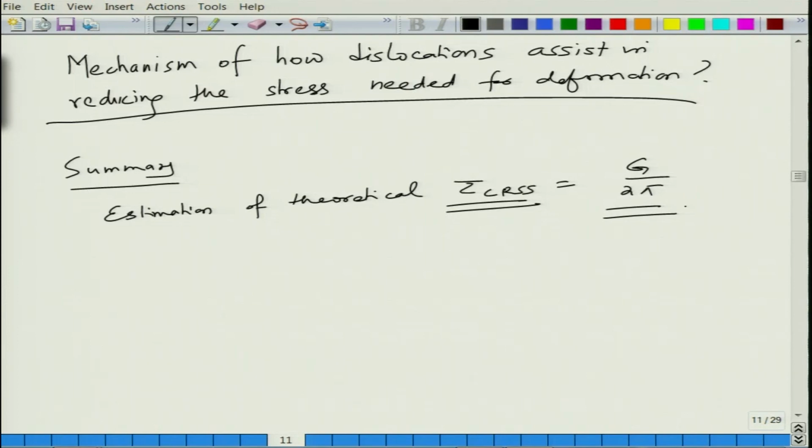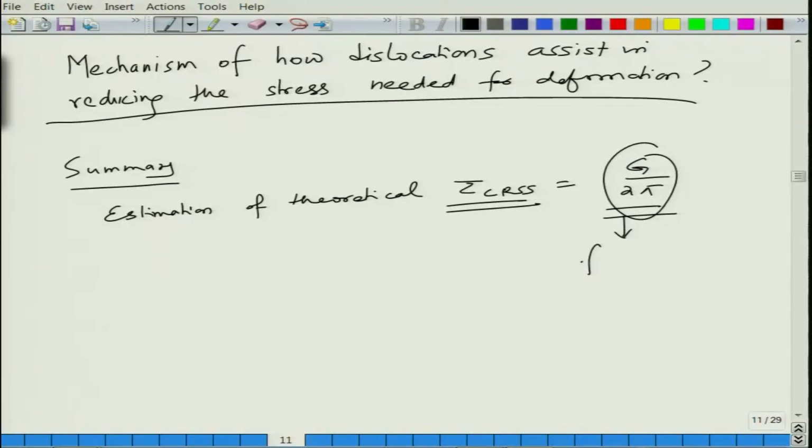As we know, the modulus values are of the order of a few GPa, so the theoretical strength also tends to be of the order of a few GPa, which is exceptionally high compared to the experimentally observed values, which are of the order of a few megapascals to maybe a few tens of megapascals for pure metals.